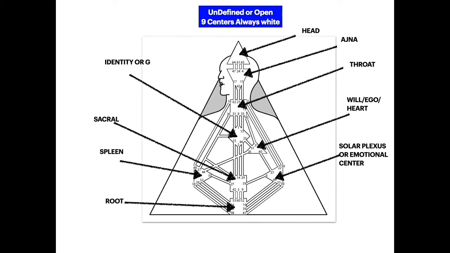They amplify it. So this is why when you have an open center, you can have more energy for the particular center, even if you're not defined, because it's all about amplification. It's all about making it bigger.